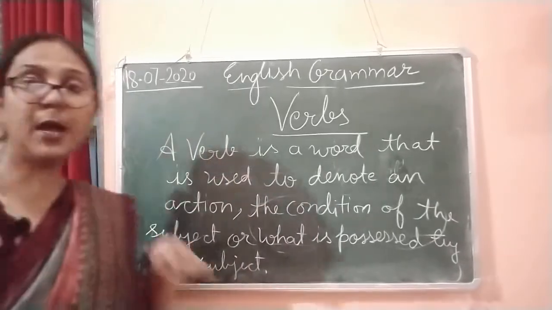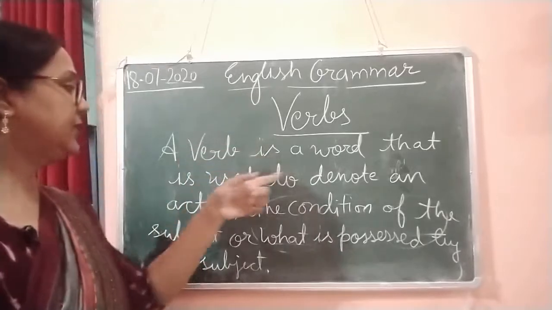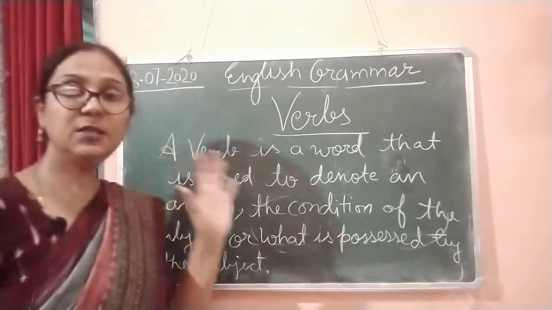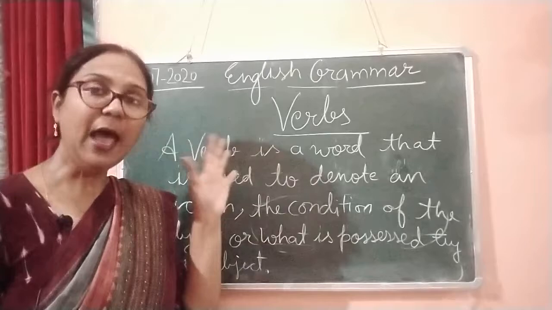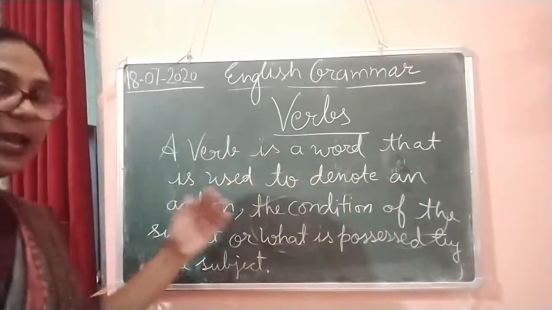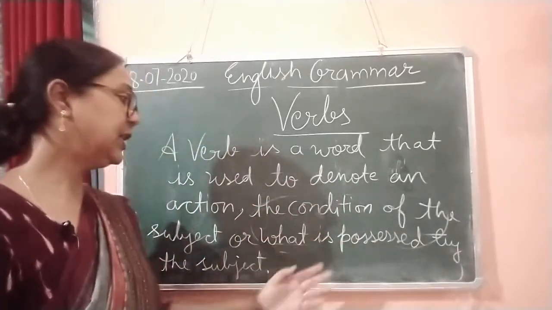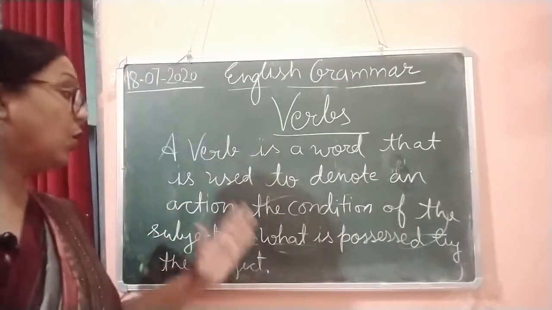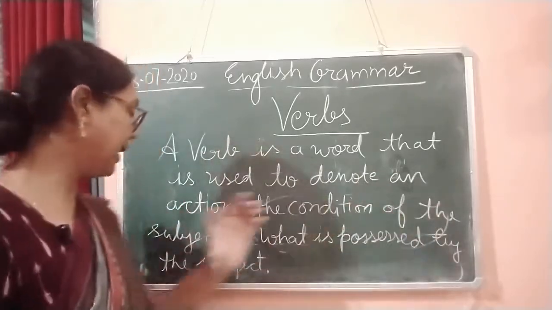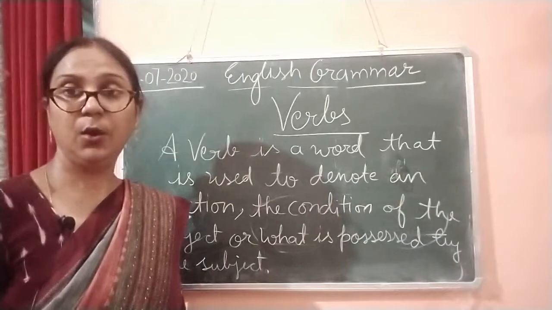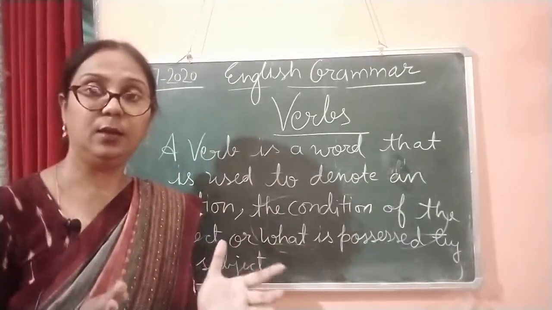The first part of this definition shows that the word denotes an action. Now the second part of the definition: we can see the condition of the subject or what is possessed by the subject, what the subject is doing.